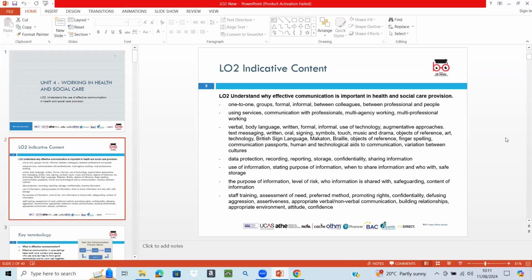For example, if you are working with a service user who does not speak English fluently, they may not fully understand their treatment plan, leading to poor understanding. By recognizing these barriers as the first step, we can overcome them.